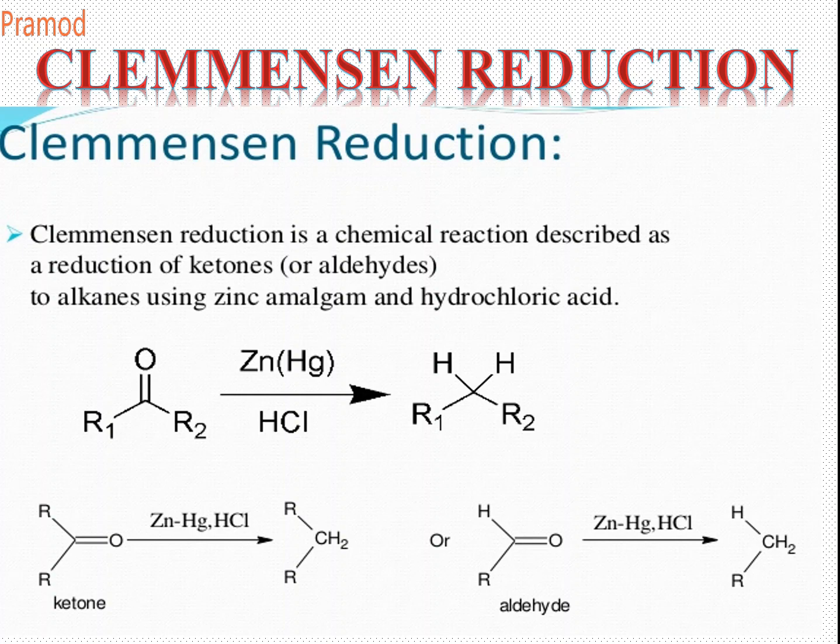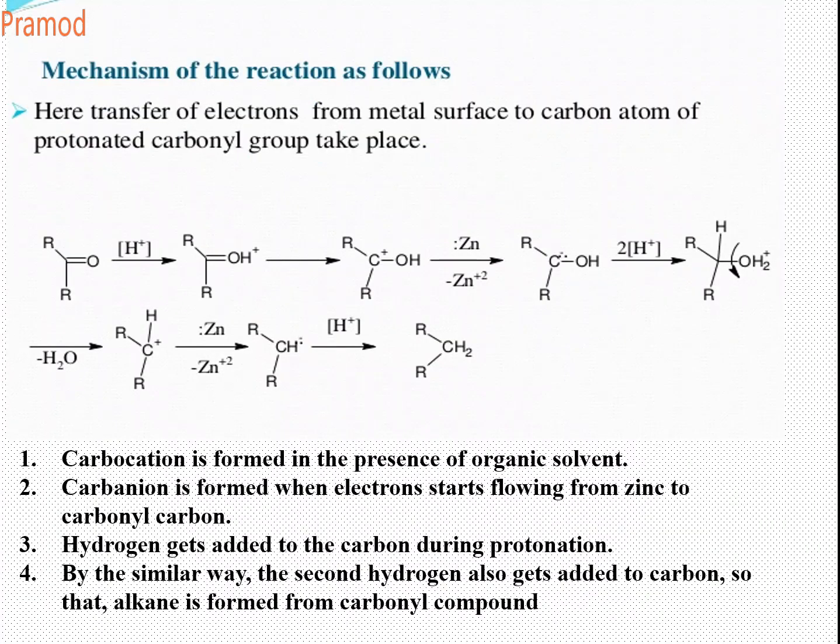Okay, now let's go for the mechanism of action. If you see, the first step is protonation of your carbonyl group. First step is protonation of your carbonyl group by your acid, because the reaction is in acidic condition. So next is what? There is a transfer of electron from your carbonyl to your oxygen, generating a carbocation. Next is formation of your OH.